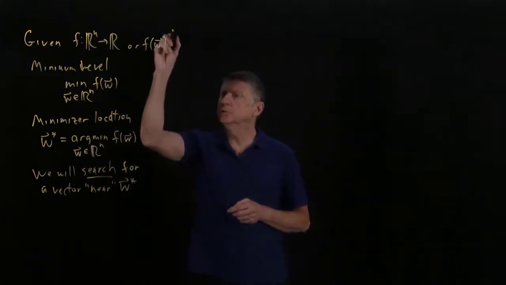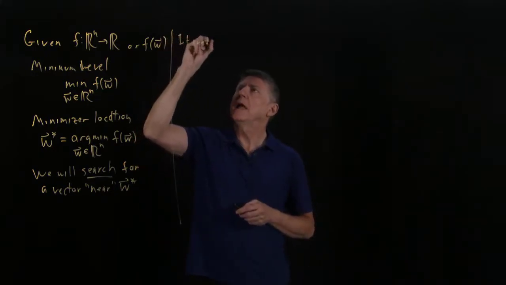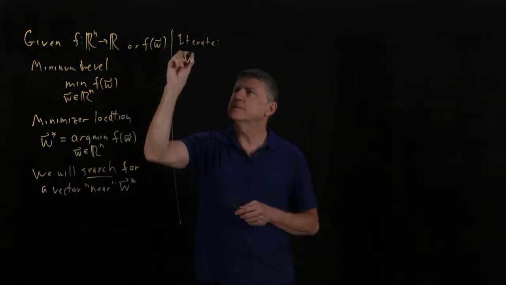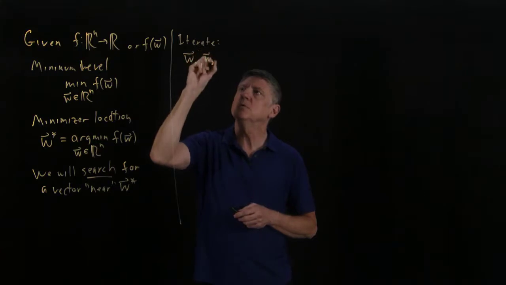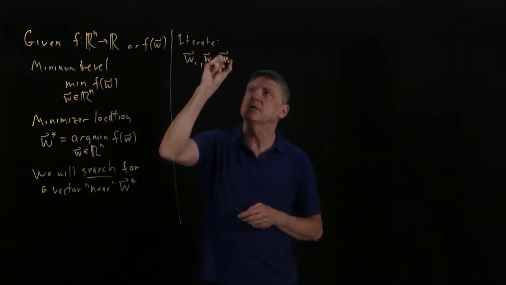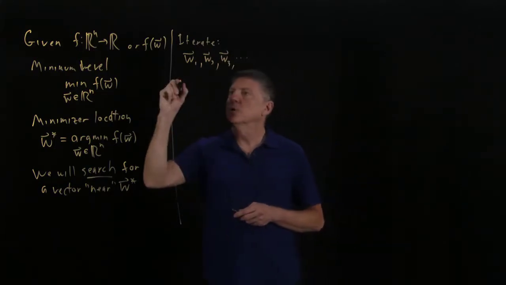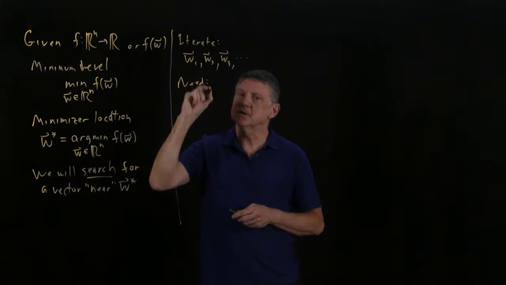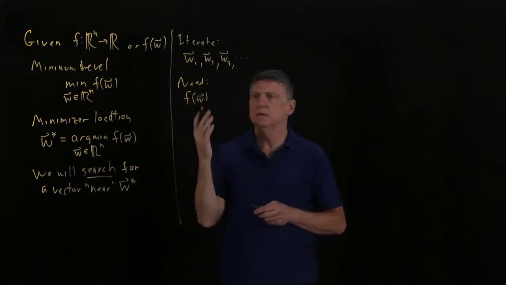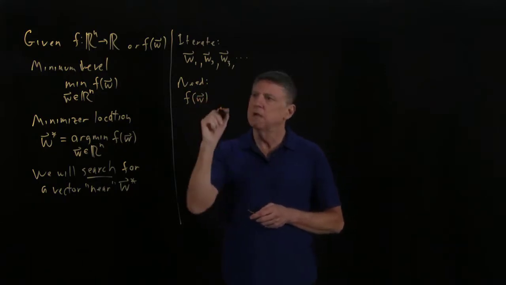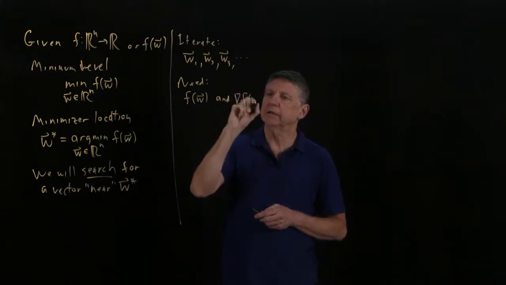We'll iterate, and we'll ask the user to give us a first estimate of the location of that minimizer, and then we will compute a second estimate and a third estimate, and so on, and we'll continue iterating. In order to do this, we'll need to be able to evaluate the function at any vector, and we'll also need to be able to evaluate the gradient.